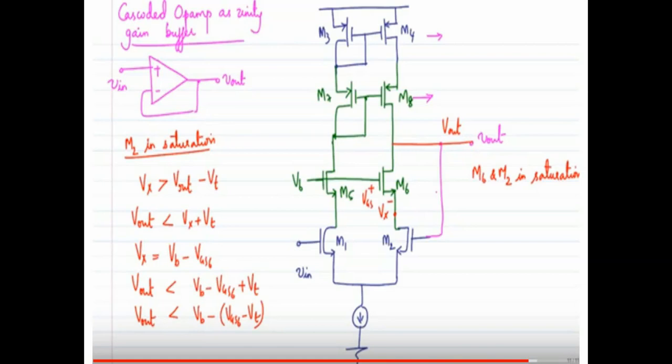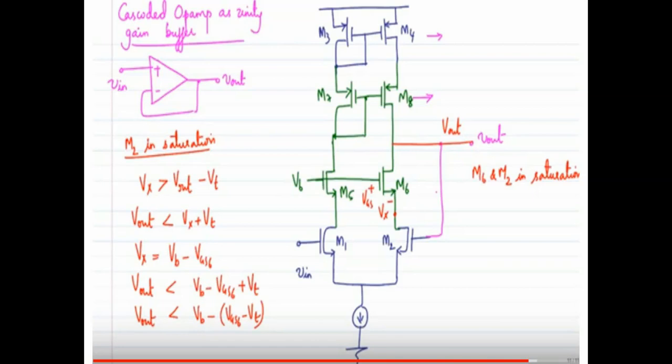So Vout is always less than Vb minus VGS6 minus Vt. The maximum value of Vout is Vb minus VGS6 minus Vt when M2 is in saturation.